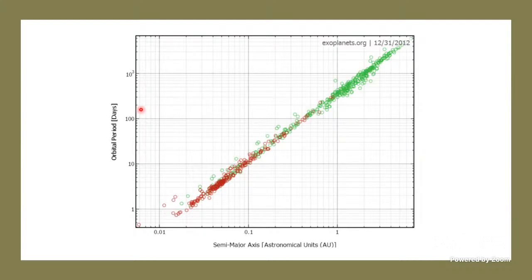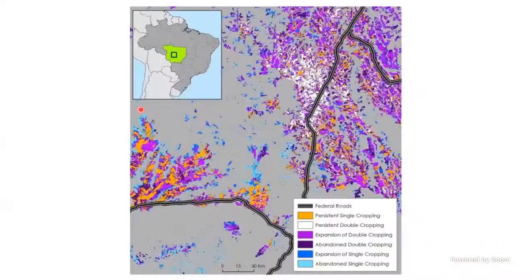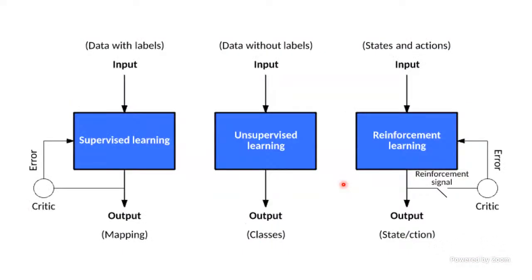If we have, for instance, the expansion of double cropping and a linear relation between it and the abandoned double cropping, then with only the results of the expansion of double cropping, we can get the results of abandoned double cropping, because there is a linear relation between the two.